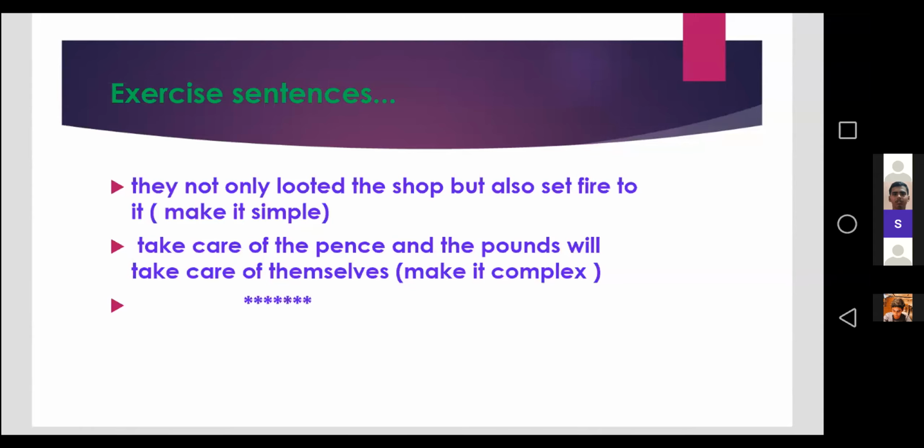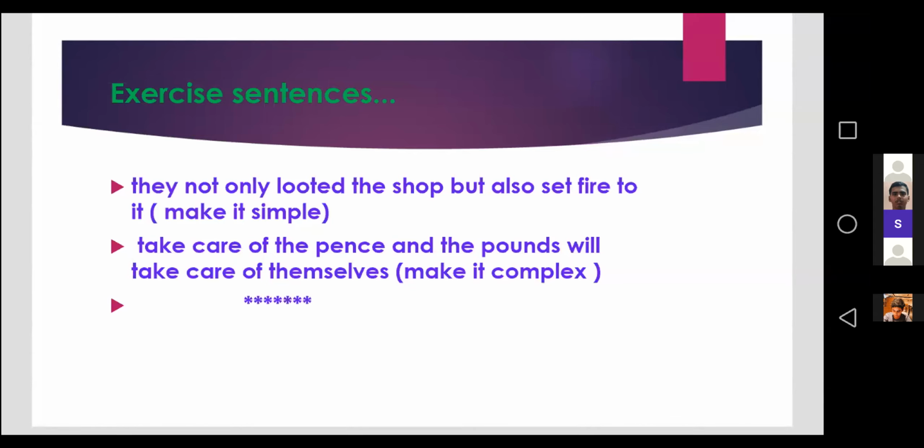Now, if you have to make it complex, you have to replace the coordinator with a subordinator. So definitely "and" will be out of the picture. Which subordinator will you use to make it a complex sentence? Anyone? How will you make it complex?